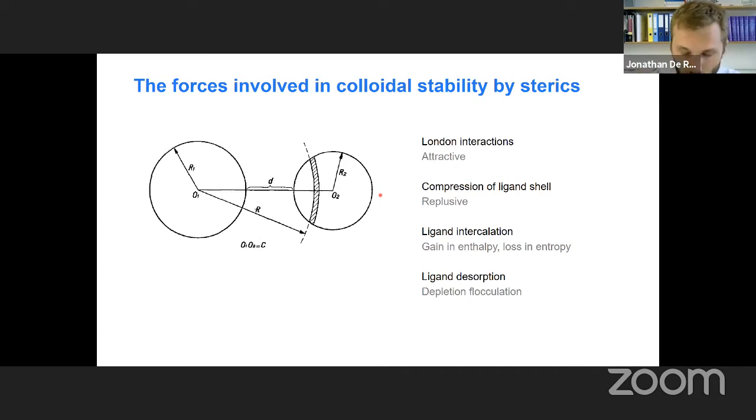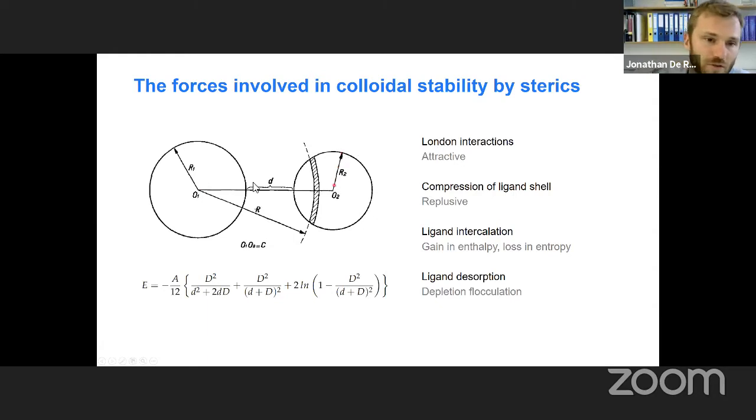Basically he solved the math behind this, and after solving the integral, he got something like this, which depends on the diameter of the two spheres and also the interparticle distance.